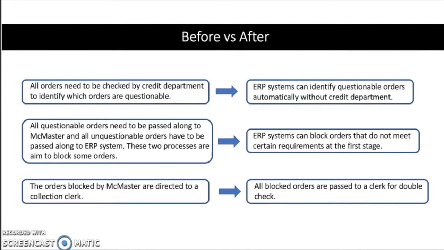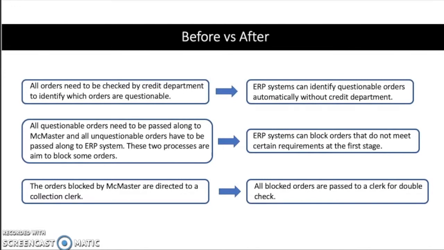The second change is that before business process re-engineering, all current orders need to be passed around to McMaster and all unquestionable orders have to be passed around to ERP system. C2 processes are aimed to block some orders, but after our business process re-engineering, ERP system can block orders that do not meet certain requirements at the first stage.